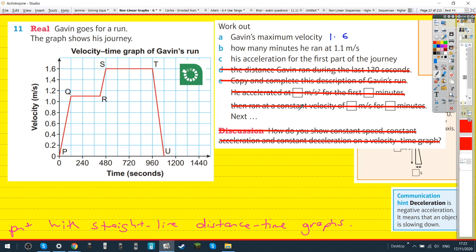B. How many minutes did he run for? How do you tell how many? So let's say each square is worth how many minutes?